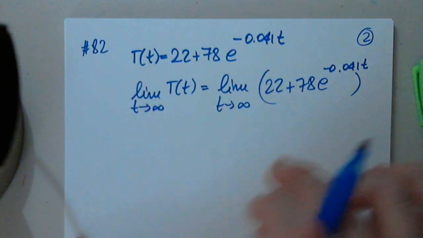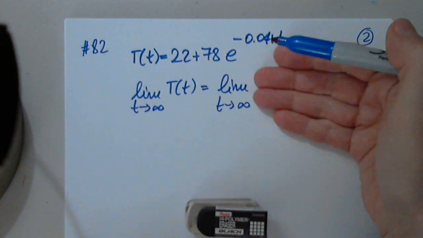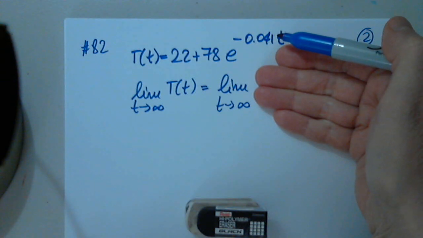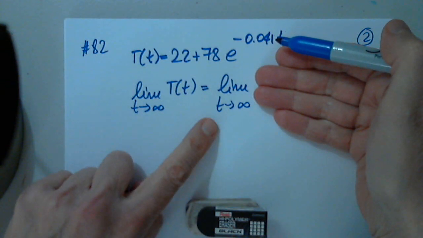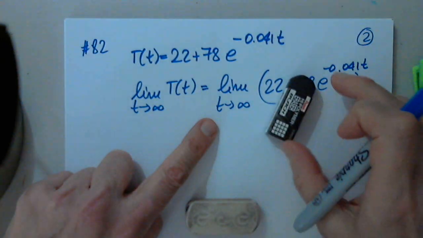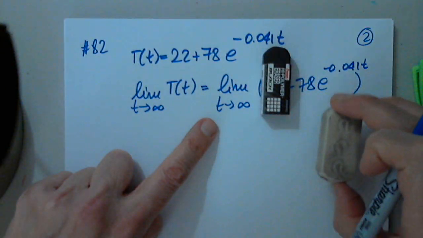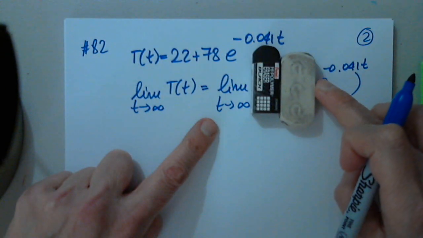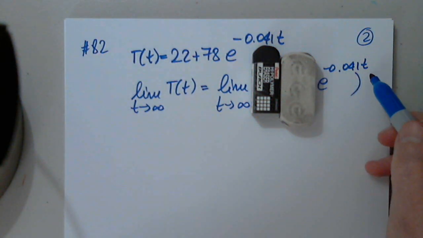When I am asked to find this limit, first of all, I'm looking for t. Where is t? Not here, and not here. t is here.